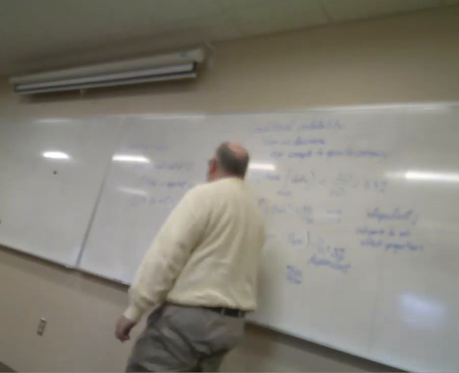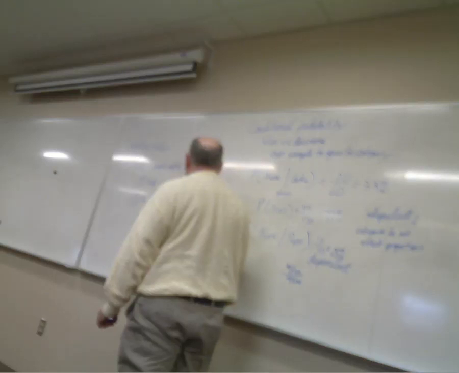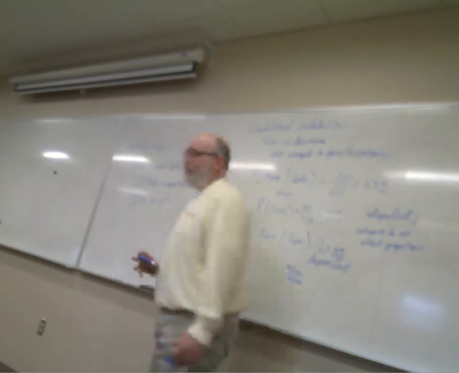Now, there is a formula for this. It's not absolutely necessary that you know the formula, which would be, I'm pretty sure, n factorial over x factorial. Or is it n minus x? Oh, I don't remember.